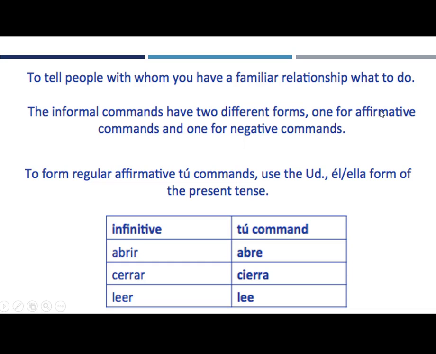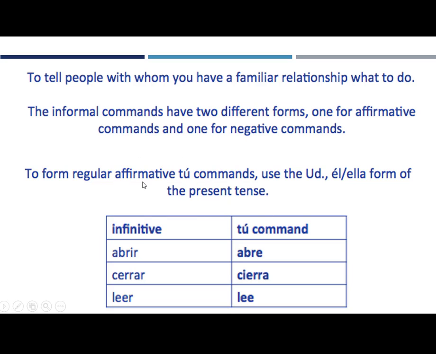So for each verb, for example, estudiar, to study, you're going to have one affirmative form to say study more, and one negative form to say don't study this, for instance. Okay, that's important. The first form is going to be the affirmative. We're going to start with those.